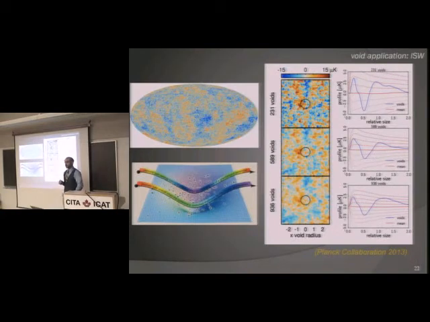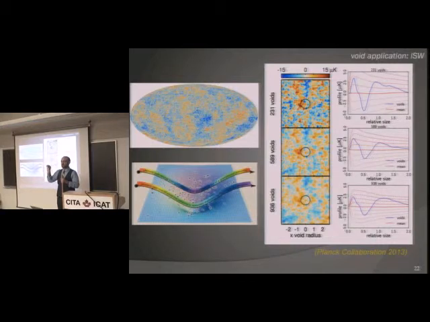Another interesting thing you can do with voids is correlate void positions on the sky with fluctuations in the CMB. And you get a tiny effect called the integrated Sachs-Wolfe effect, where a photon comes into a void, and in the meantime, the evolution of the universe happens, dark energy affects the shape of the potential of the void, and so the photon coming in sees a slightly different potential than the photon coming out.